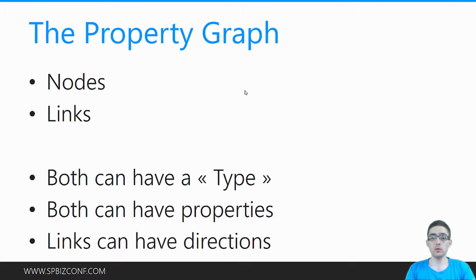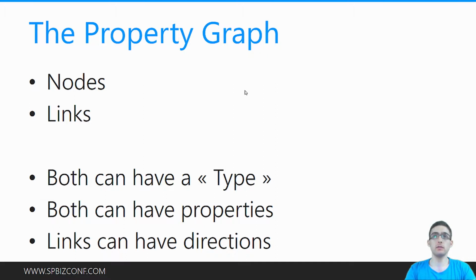Both nodes and links can have a type, and when I say type, that's not a very strongly typed type, like you have in OOP, but more a metadata saying that this node is this kind of thing, but that's not very strict. It doesn't matter for the properties or things like that. Both can have properties. We'll see an example later.